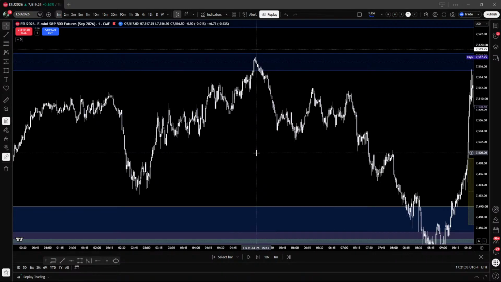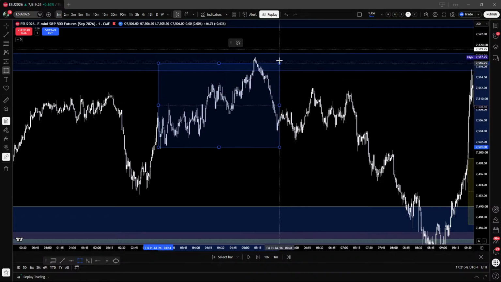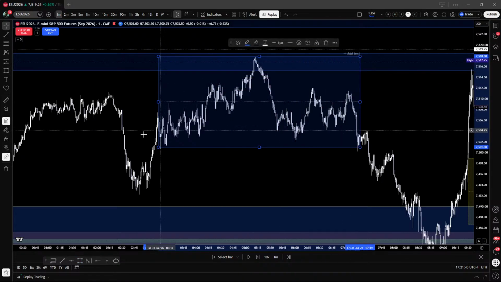Or if you want to, you can say this whole thing here is distribution, right? And again, these market maker models, it's more Wyckoffian if you want, like market cycles, right? It's like cycles within cycles.